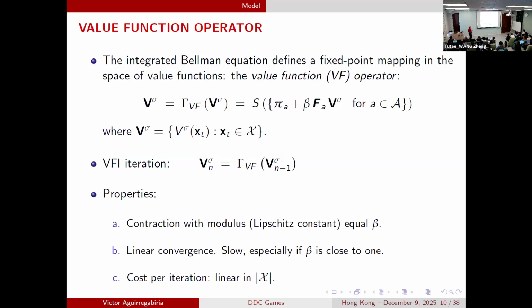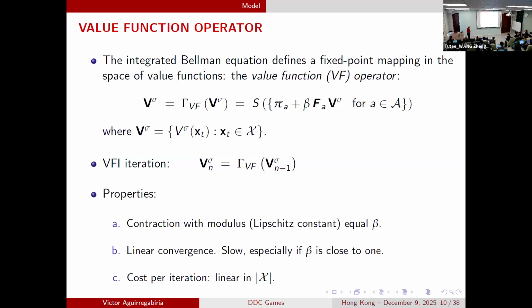And this gives me a new vector of value functions, and I iterate in this way until convergence. This is the value function iteration that I'm sure many of you have used before to solve dynamic programming problems, which has some nice features and some not so nice features.